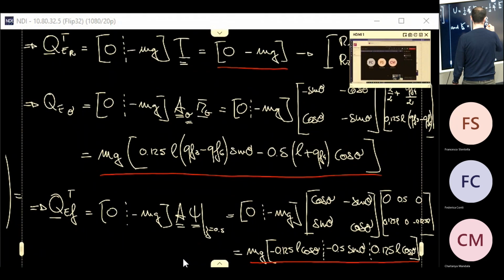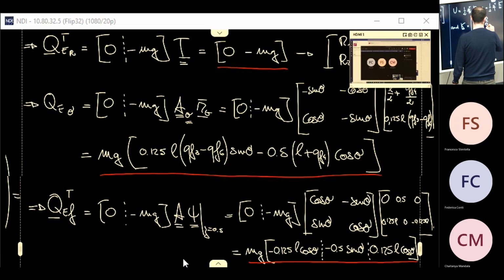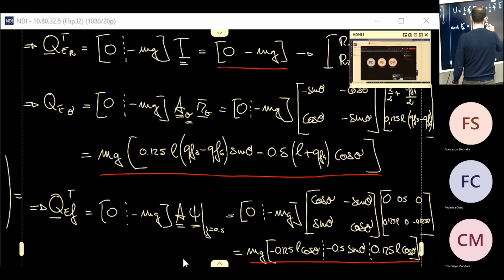So it's the force that is associated to the creation of elastic energy, in this case to work, associated to imposition of weight. Okay, so when you impose the weight over your body, over your link AB, the force which will try to move it, to make it translate, is this one.